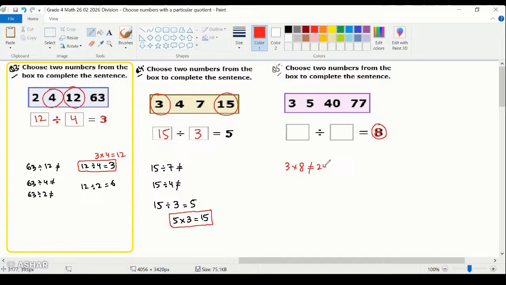We do not see it. Can we say 5 multiplied by 8? That is 40. Can we see 40 and 5 in the given numbers? Yes, thank you, May. We have 5 and 40. So when 40 was divided by 5, the answer comes out to be 8.